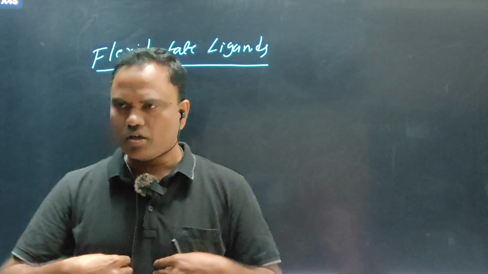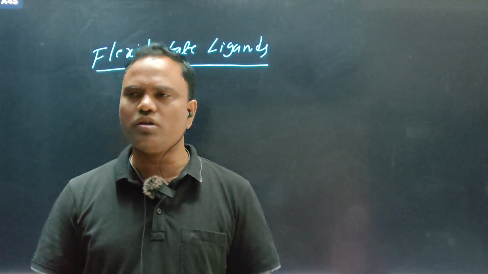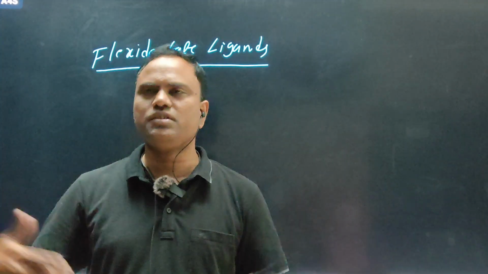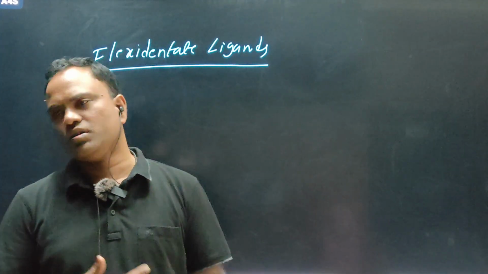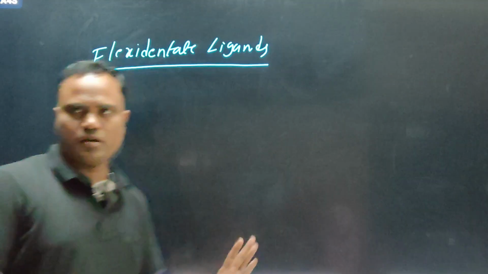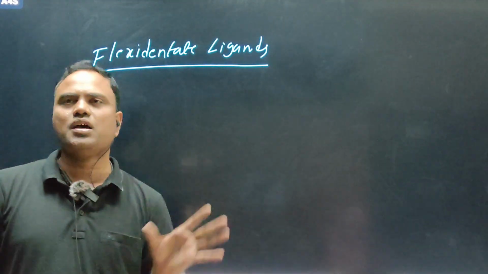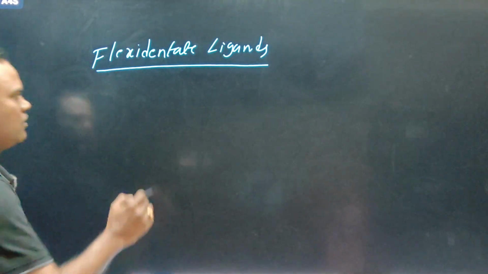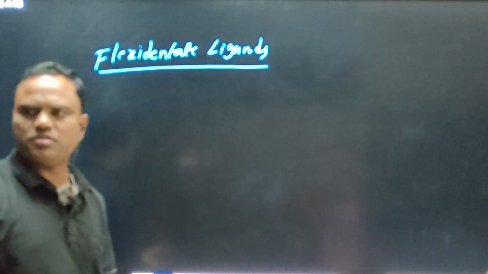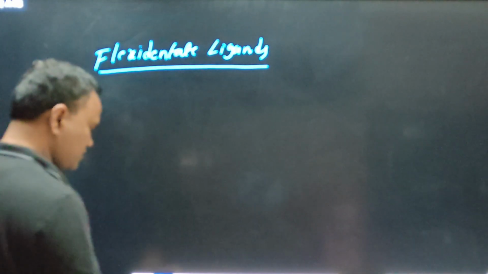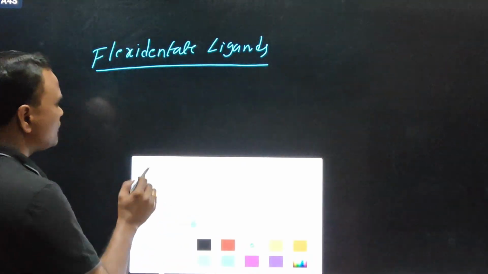For example, if I combine with 4 friends, my coordination number is 4. If I do friendship with 6 friends, my coordination number is 6. Combining capacity or binding capacity. Copper generally has coordination number 6. Cobalt, all these have coordination number 6.